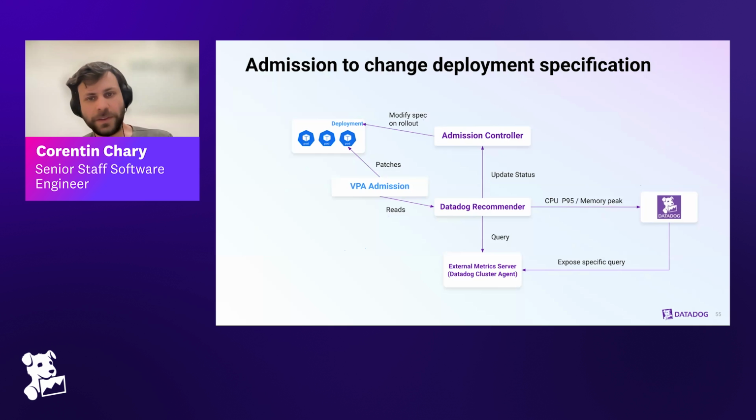With a default VPA setup, VPA would just do its thing, update the resource recommendation, and it could break everything globally. So we wanted to make sure that we could apply recommendations safely, reusing the existing safety mechanisms that we have. What we did is that we added the trigger mode, which will trigger an apply of recommendation only if it sees an annotation, then promptly remove it.